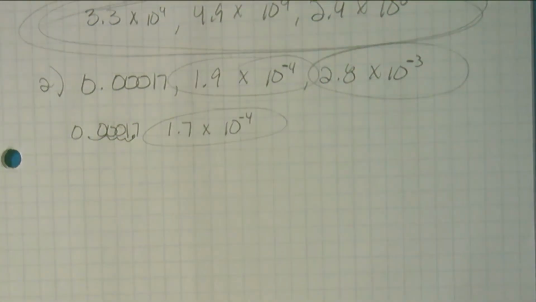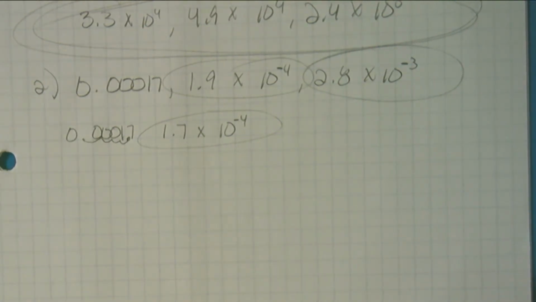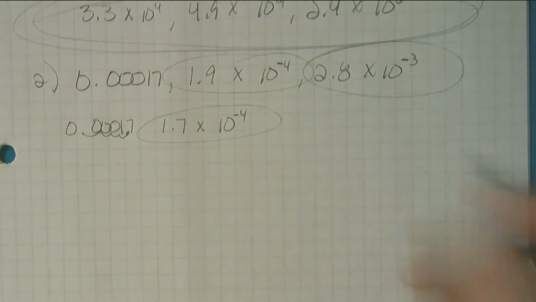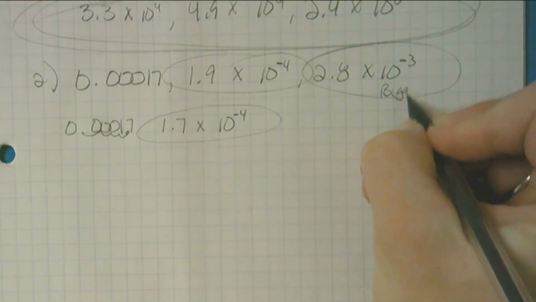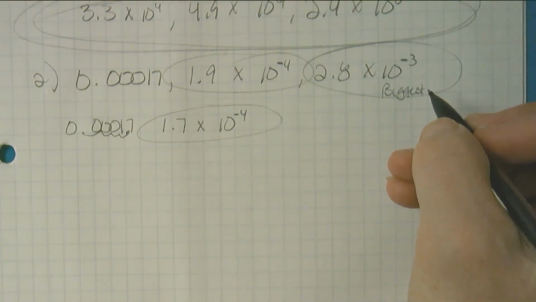Okay. When you look at the powers, 2.8 times 10 to the negative third is the greatest. Excellent. Why is it the greatest? Because since it's negative, you want the closest to 0. Excellent.